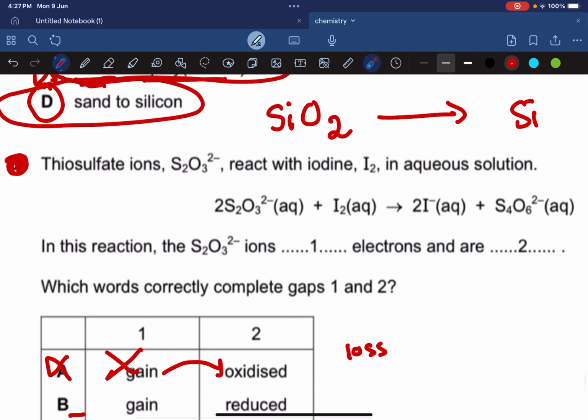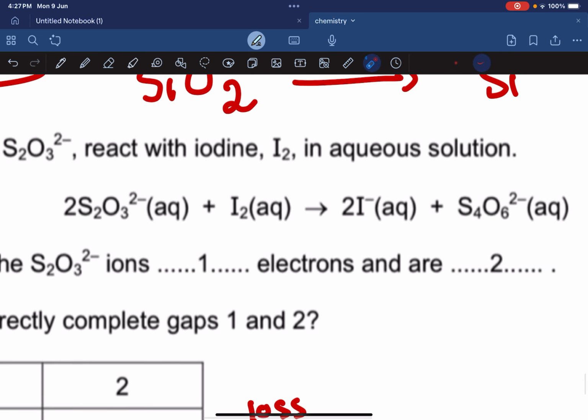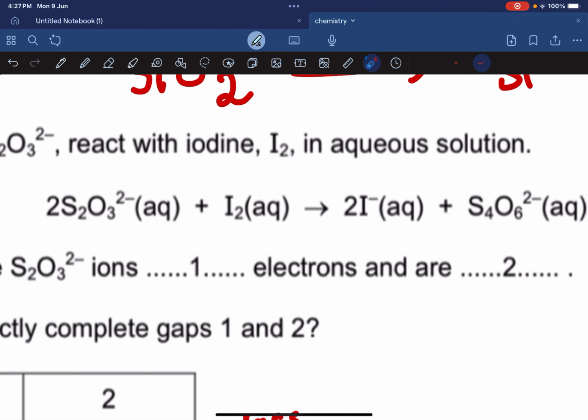What's happening with these thiosulfate ions? Try to look over here. Look at the oxidation number of this sulfur. You have to figure it out, and if you're good at chemistry, I'd love it if you figure it out yourself. This is -6. Oxygen is -6 because one oxygen is 2 negative and you have 3 of them. To balance out a -6, you need a +6.